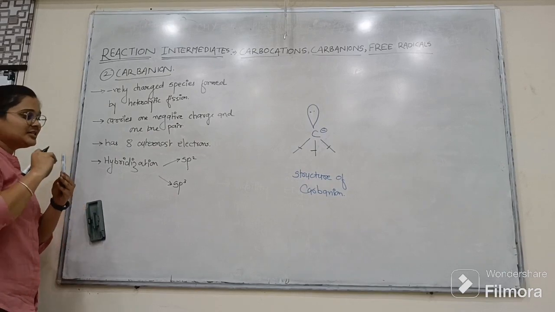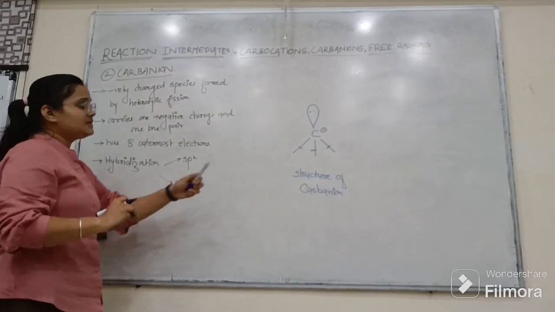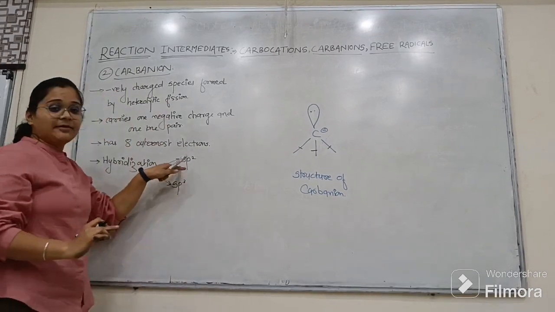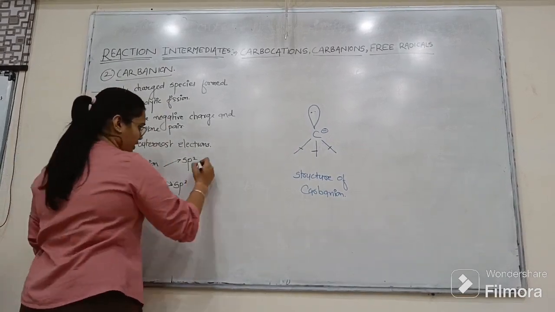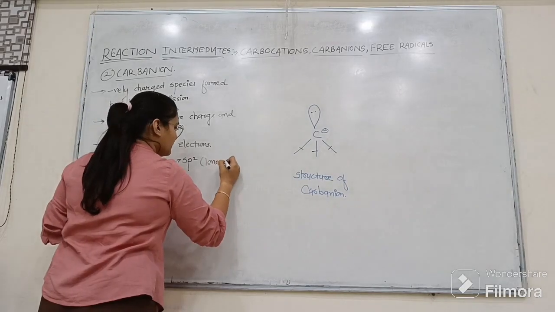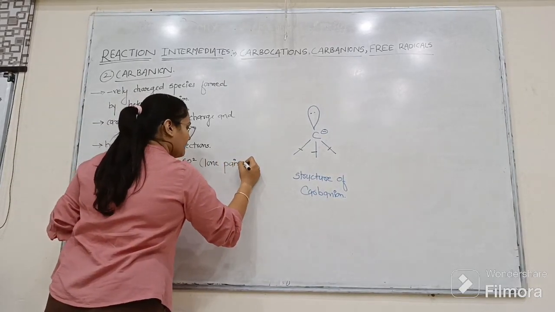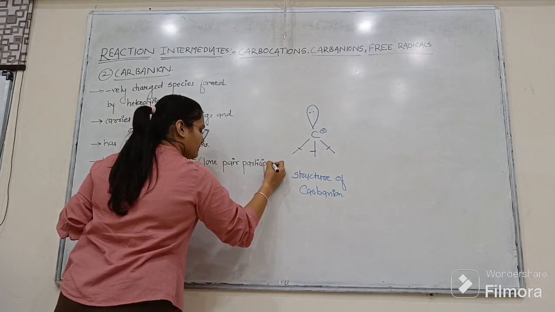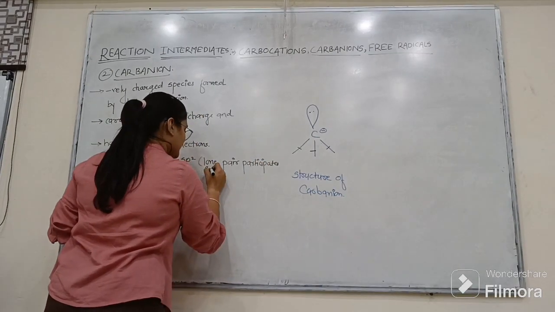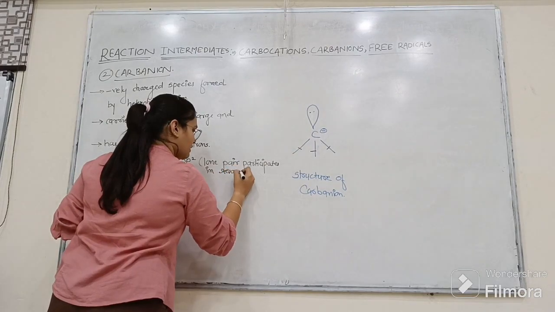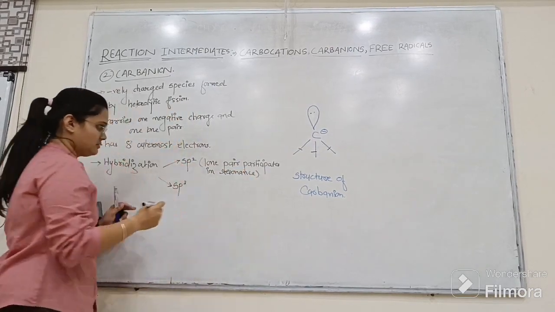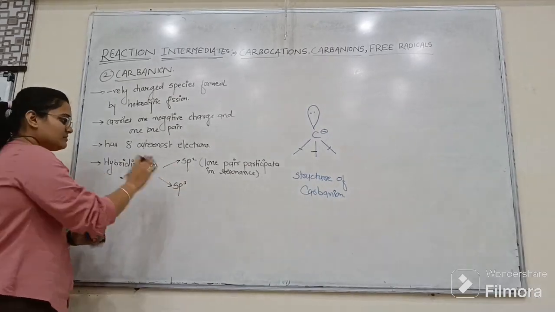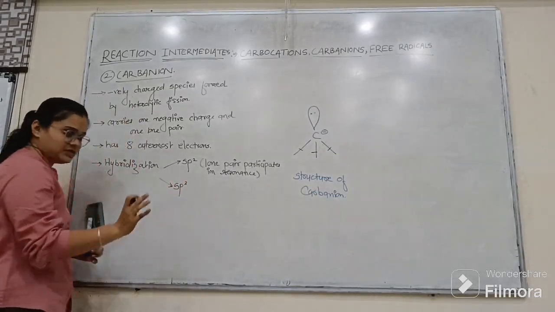Now there is a certain condition: when the lone pair participates in resonance, sp2 hybridization will be observed. In all other cases, the hybridization will be sp3.